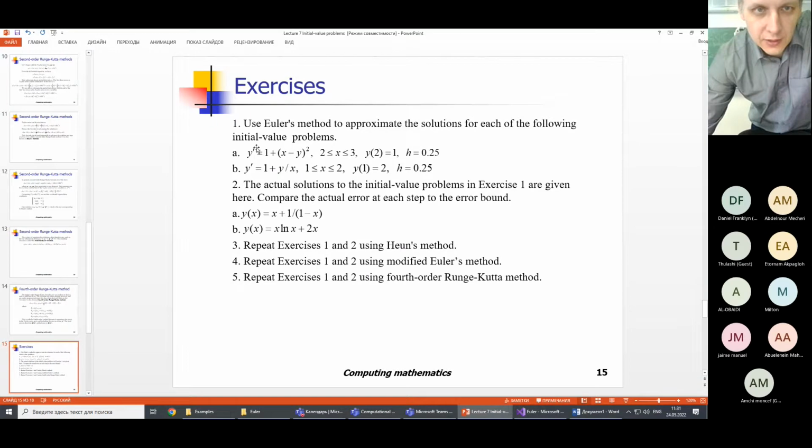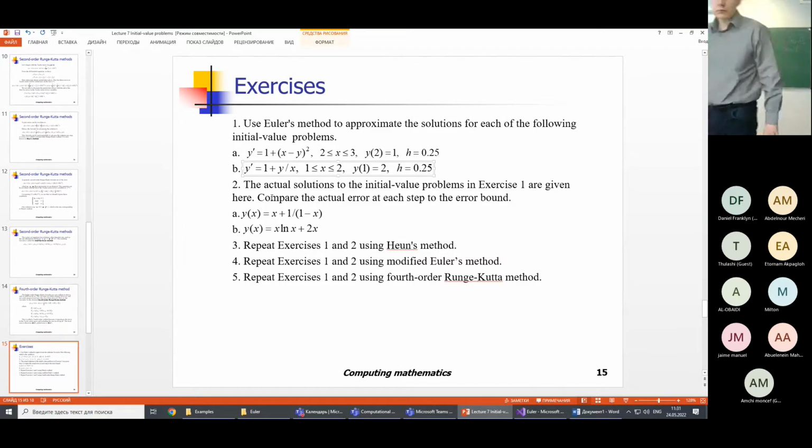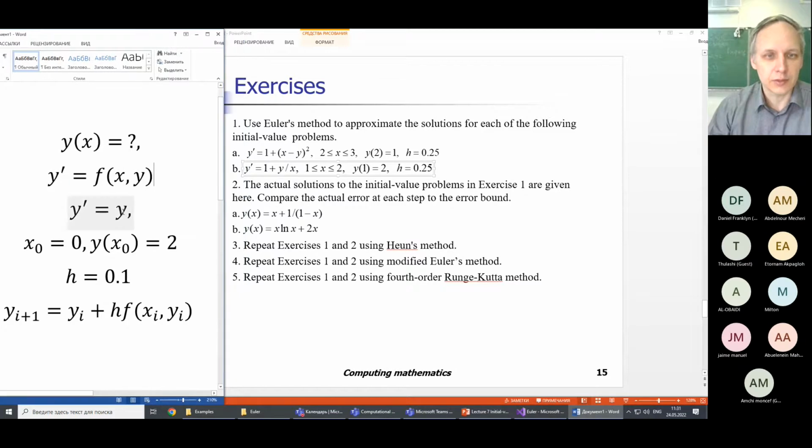Let's consider exercise 1 under the letter B. What is the right-hand side of this equation?